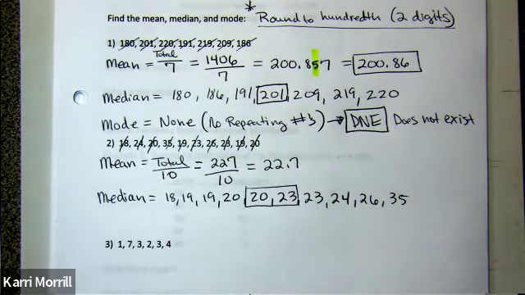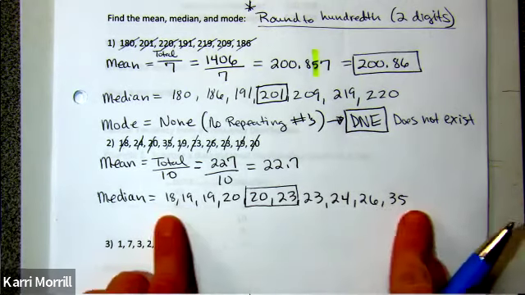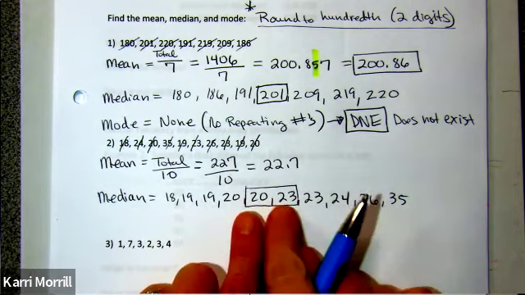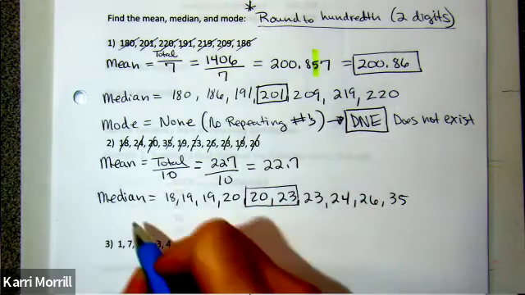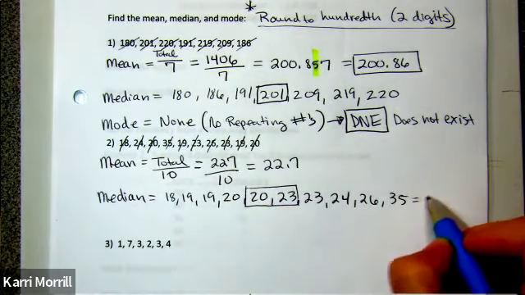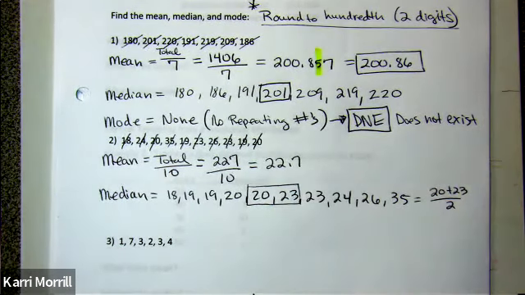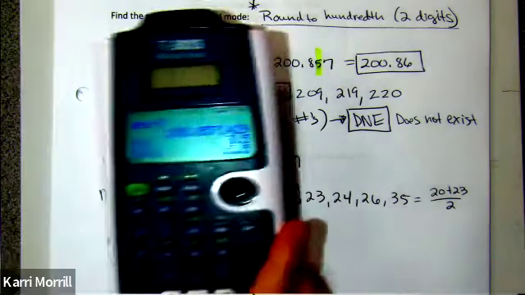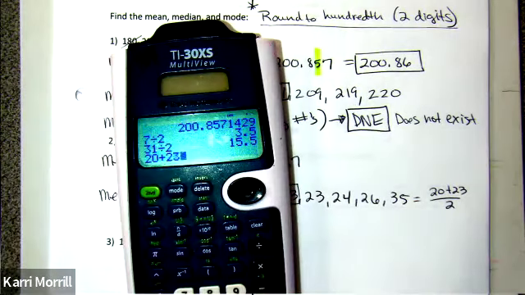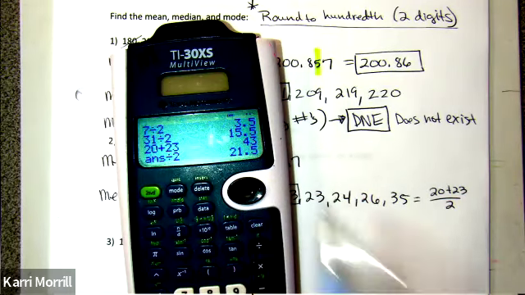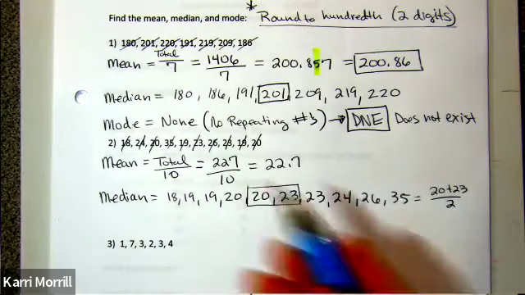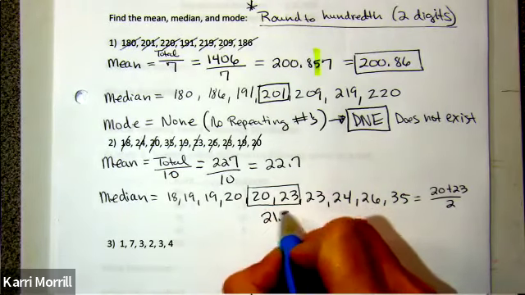It's kind of like you have 2 numbers meeting together, and there's not one single middle, there's 2. So you have to find the average of that. You're taking 20 plus 23 and dividing it by 2. It's kind of like you're finding the middle area between those 2. So 20 plus 23 is 43, and we divide it by 2, so that gives us 21.5. So the median is 21.5.